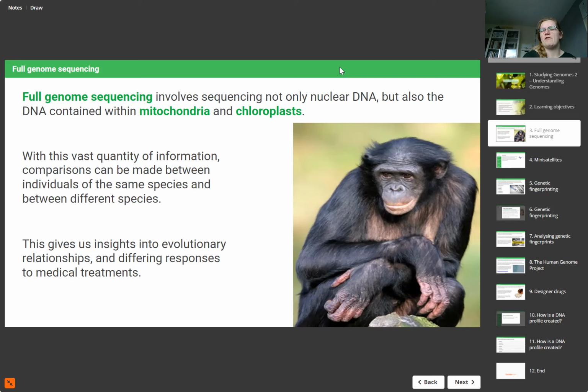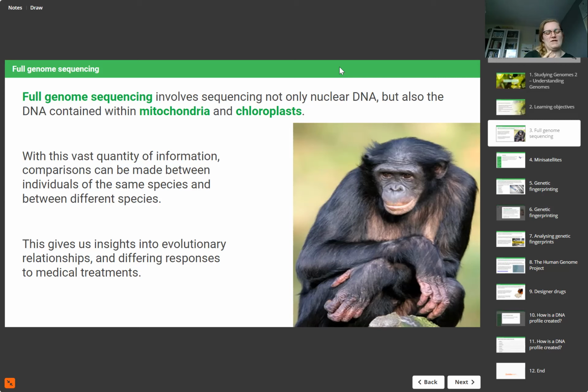The Human Genome Project, which you'll have heard about when you were doing GCSE, was completed in 2003, and that mapped the entire sequence of the human genome for the very first time. That took years and years because it was the first time anyone had done it, and they didn't have anything else to go off.